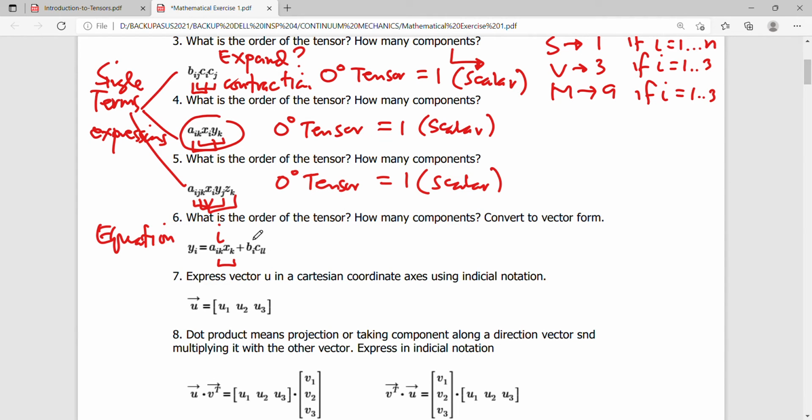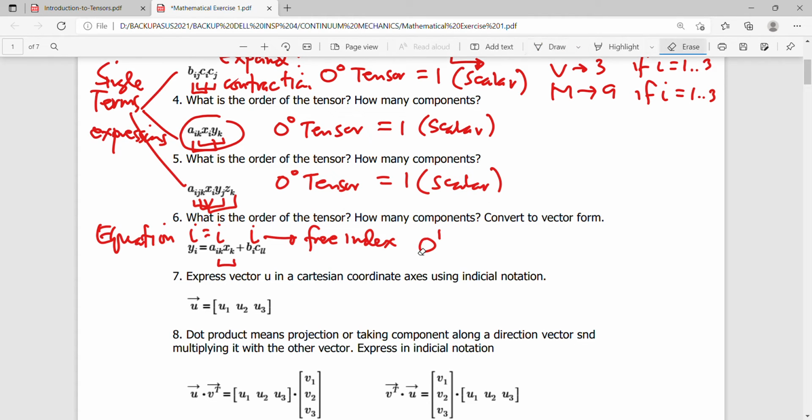This is a summation, and your index will be i. And this also has index i. So the indices here are consistent. That's why I call this now a free index, which defines the degree of your tensor, which is 1. So this is a 1 degree tensor. So 3 to the 1 is simply equal to 3 components.